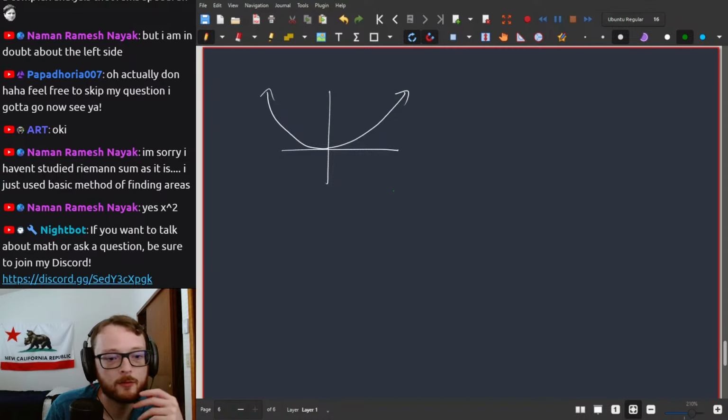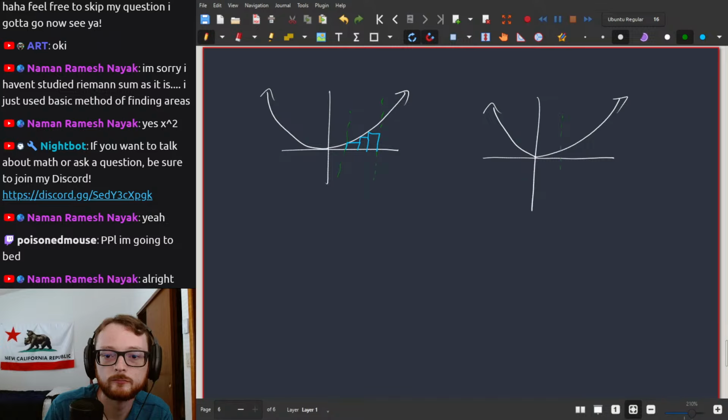This would be a left-handed sum because these left corners touch the function. Or you can do a right-handed sum, where the right corners touch the function. What a terrible rectangle.